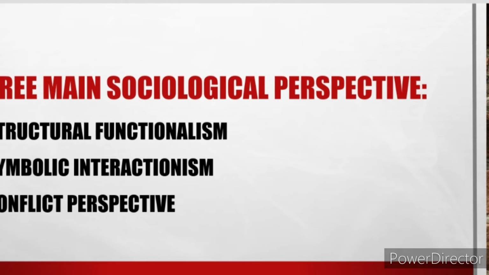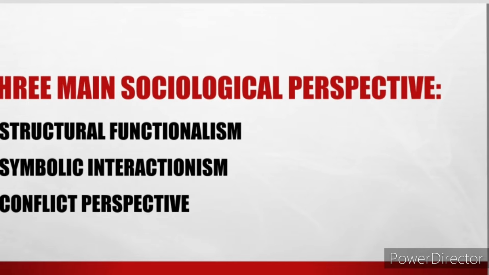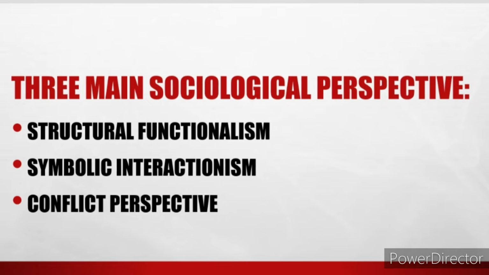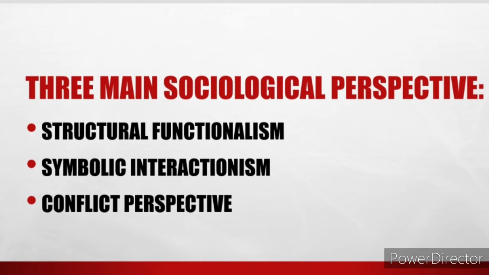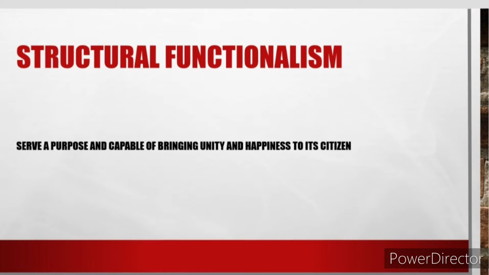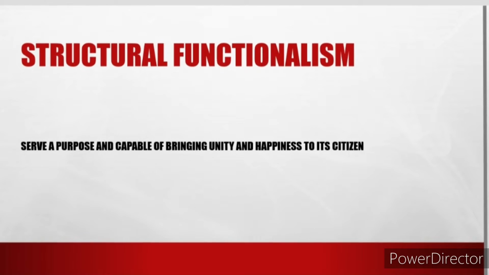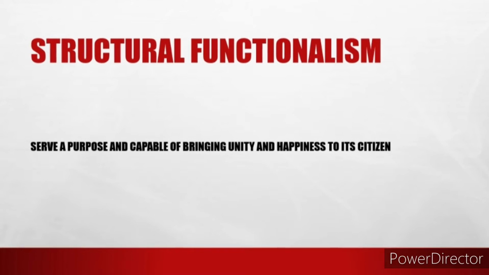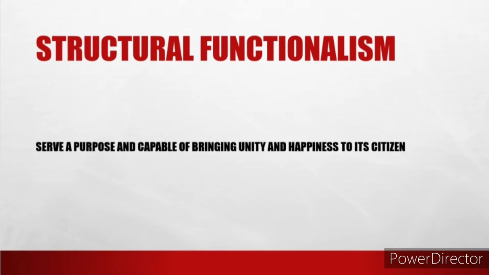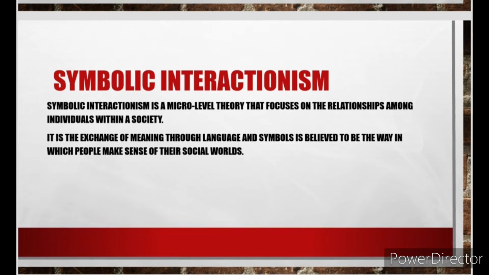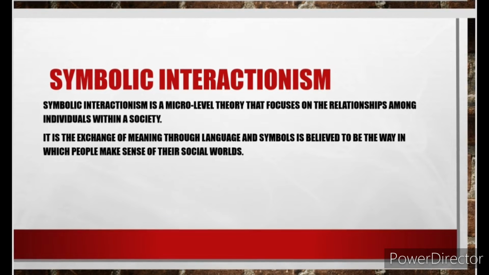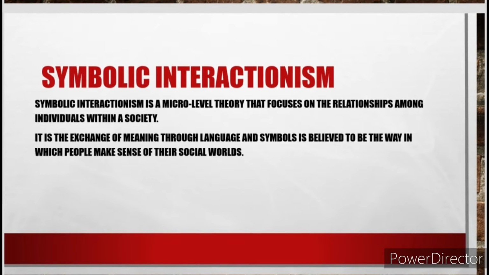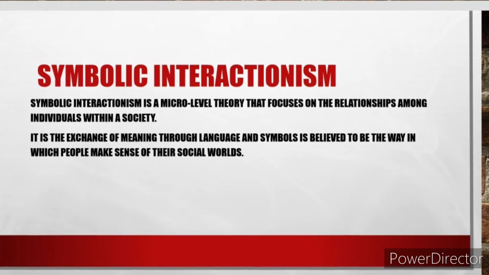There are three main sociological perspectives. First, structural functionalism. Second, symbolic interactionism. And lastly, the conflict perspective. So, what is structural functionalism? Structural functionalism serves a purpose and is capable of bringing unity and happiness to its citizens. Symbolic interactionism is a micro-level theory that focuses on the relationship among individuals within a society.